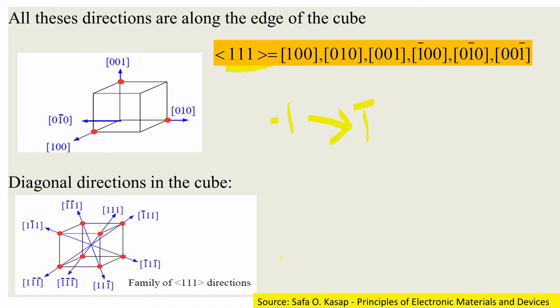So you have 8 representations of direction, such as 1 1 1, 1 1 1 with minus signs in various positions, plotted with respect to position.